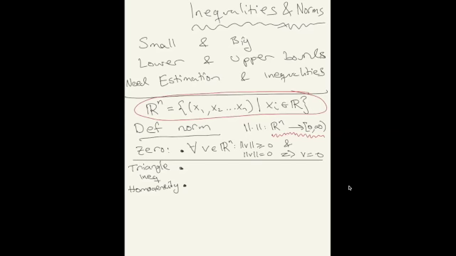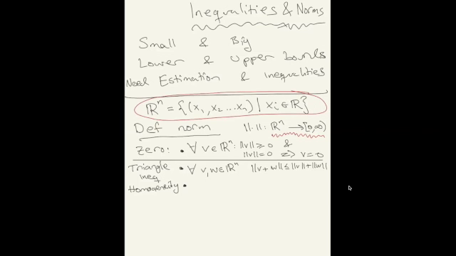Now, the triangle inequality states that for every pair of vectors, the norm of the sum is less than or equal to the sum of the norms.